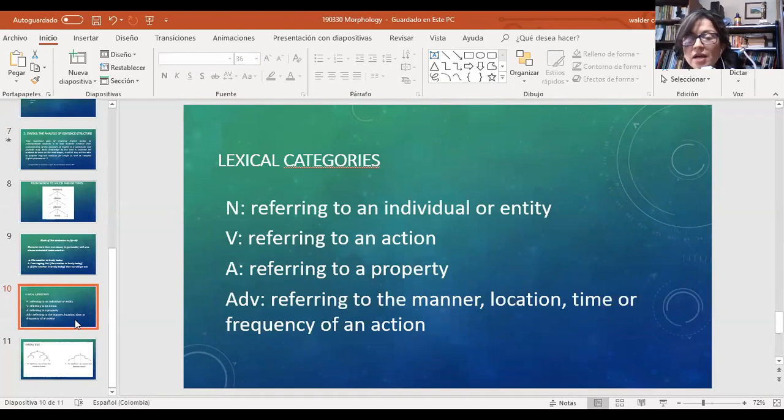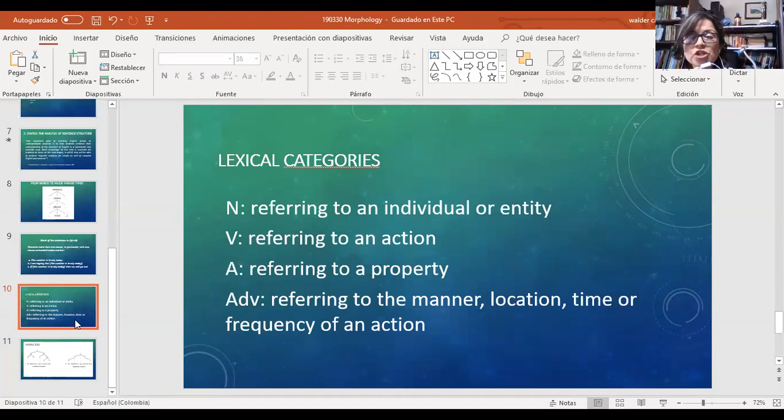Here we only have the basic lexical categories, and it is referring to meaning. N, what is the meaning of N? It's referring to an individual or entity. This is noun.